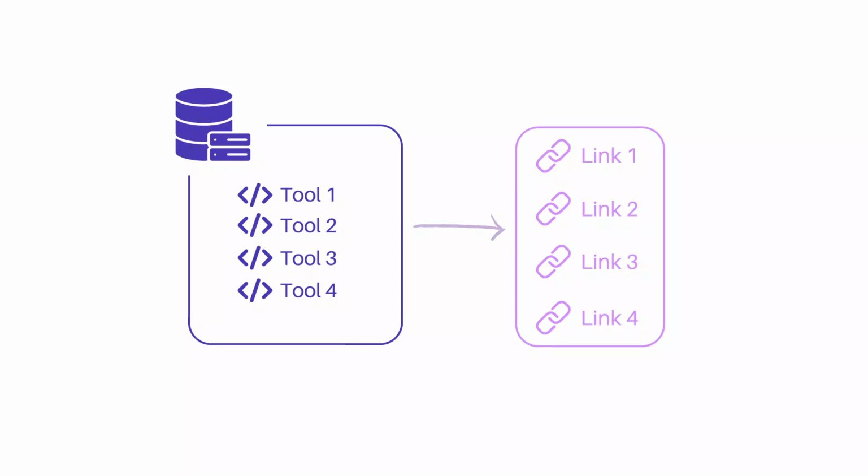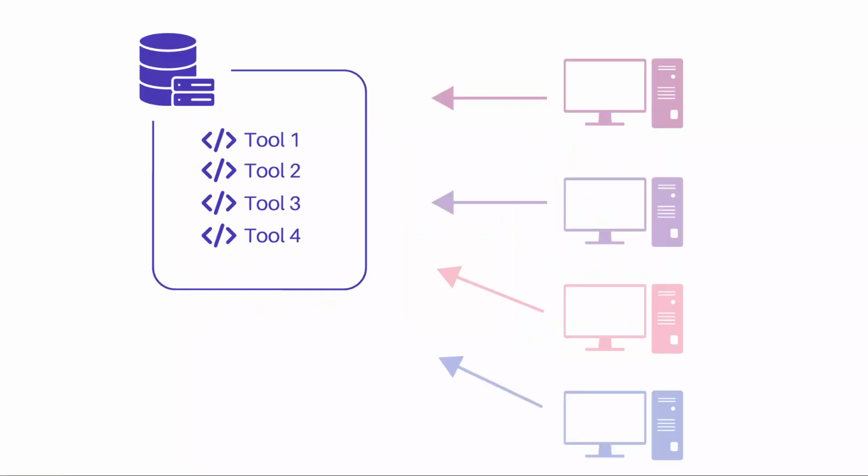It's going to generate a file that contains hyperlinks or links to all of the tools that you have imported in your ribbon settings, but it's not going to export the tools themselves. What this means is, in order for everyone who gets this export file to work, they will need to have access to the same locations you have because their computers will only be pointing at these tools.